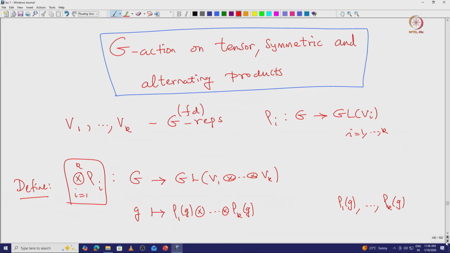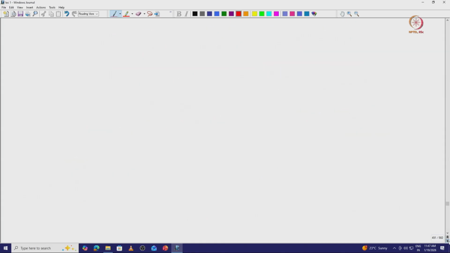If you use some simpler notation, then the same thing can be written as follows. We want to define the G action on the tensor product. So, maybe we can take how it is defined on the simple tensors. If we take the simple tensor V1 tensor etc. Vk, then the action of g on this is just defined to act on the individual components and then take the respective tensors.